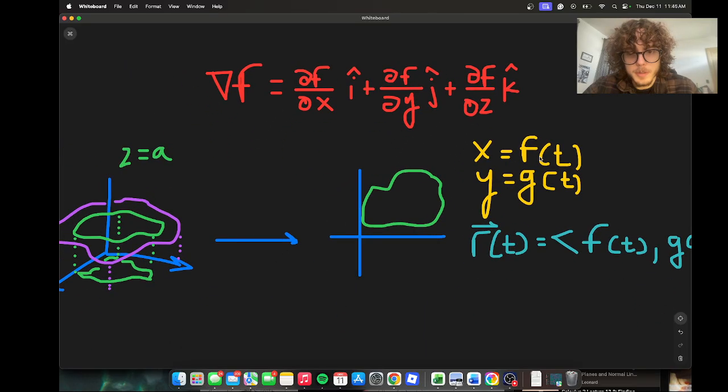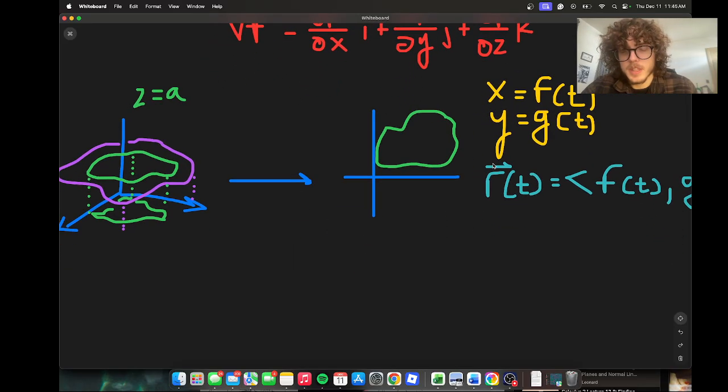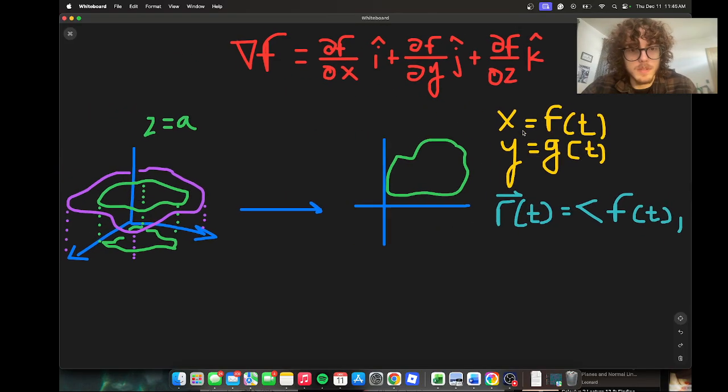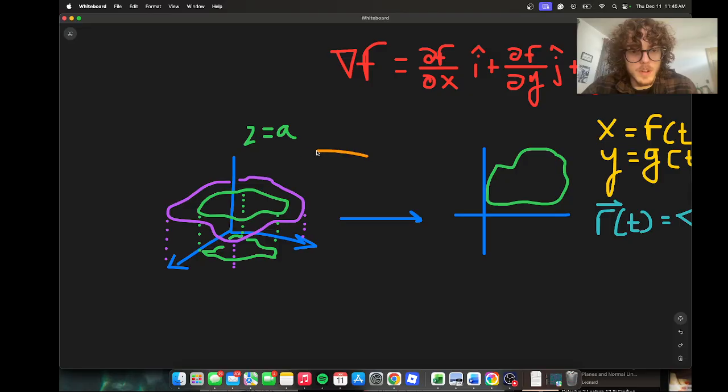Now what I want to do is take the chain rule of this. Nothing crazy. We have this new parametric equation and we also have this function, and I want to take the chain rule of this overall function.